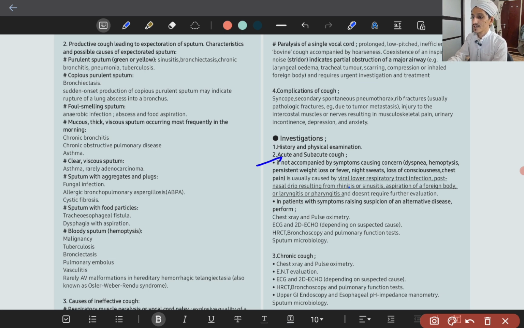If you find something in the history and examination, you evaluate further. The tests we do are chest x-ray, pulse oximetry, ECG, 2D echo, high resolution CT scan, bronchoscopy, pulmonary function test, and sputum microbiology. But usually first we perform chest x-ray, and if it is productive, sputum microbiology. These two we will perform. And if we are not getting anything from these, we will go to CT scan, HRCT thorax.